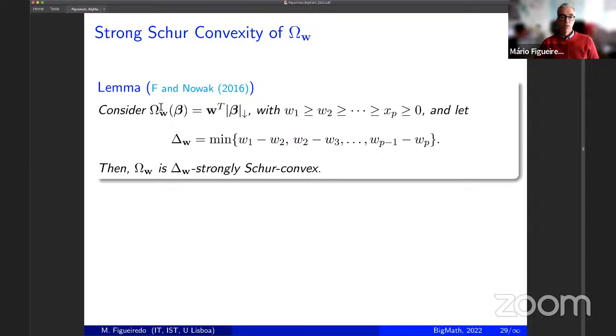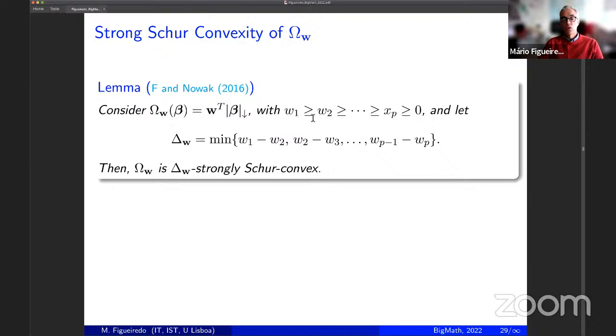Remember that this norm is defined with a weight vector. This weight vector needs to be a non-increasing sequence of weights. And so the vector of differences between two consecutive weights, the minimum of these is called the strong convexity parameter of this function.